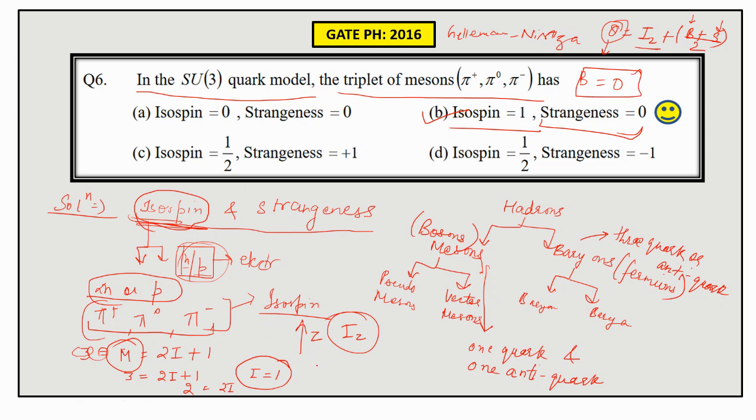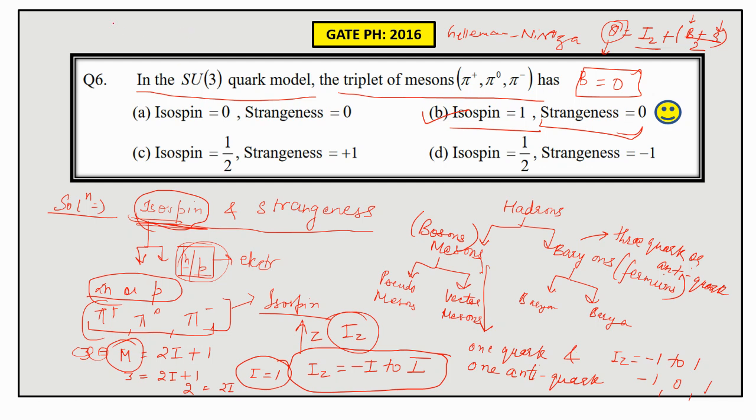they all have baryon number equal to 0, right? And one more thing, now you got I equals 1. So Iz will vary from minus I to I. That means Iz will vary from minus 1 to 1, that is minus 1, 0, 1.